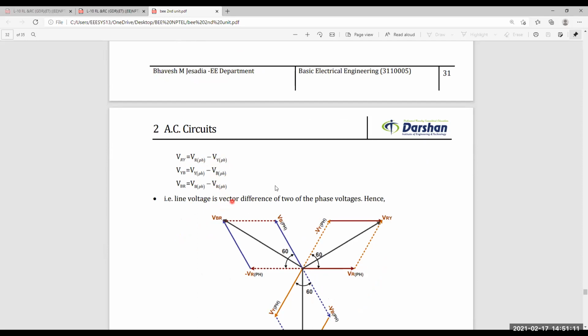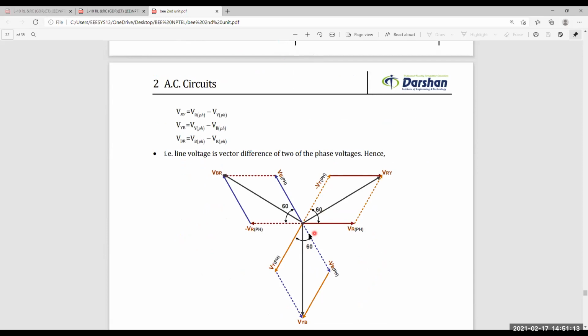First take the R phase as a reference. Here R phase, here Y phase, and B phase. First take the R phase. This is called R phase. It's clear. Then this is called Y phase, and this is called B phase.